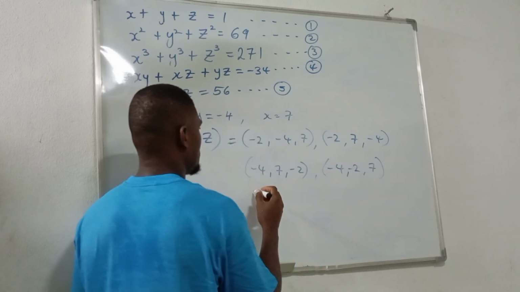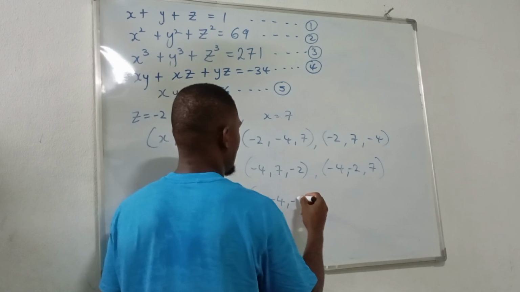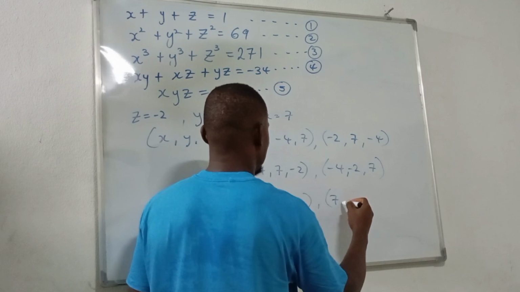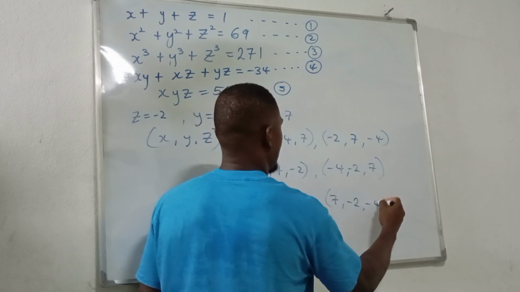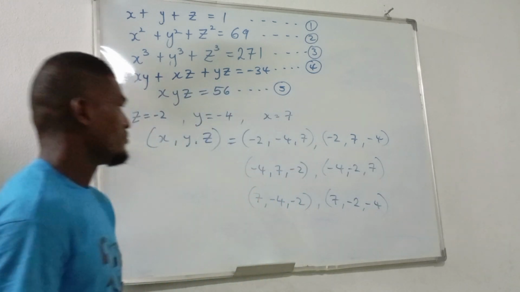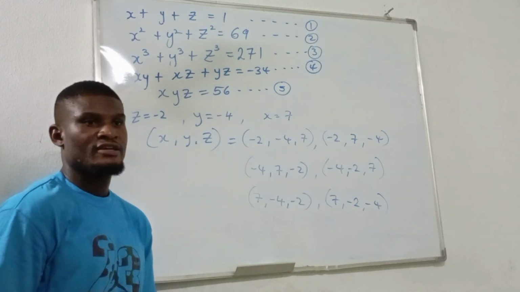Alright, so it can also be 7, minus 4, minus 2, or 7, minus 2, minus 4. So these are the possible answers there. But the answers fall between minus 2, minus 4, and 7.